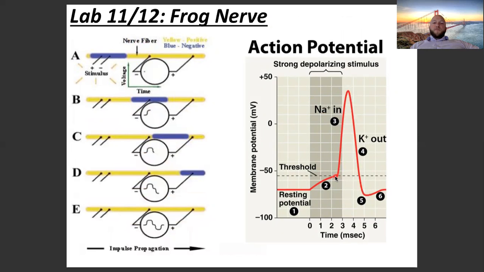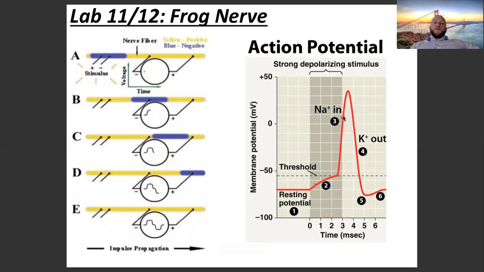You can see a resting potential of the cell is like negative 70 millivolts. Once that nerve cell depolarizes to about negative 55 millivolts, the action potential is going to happen.